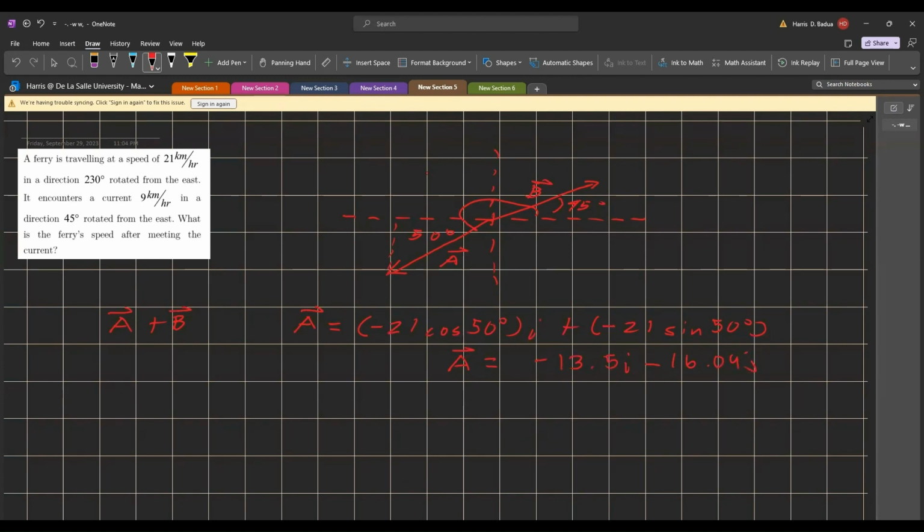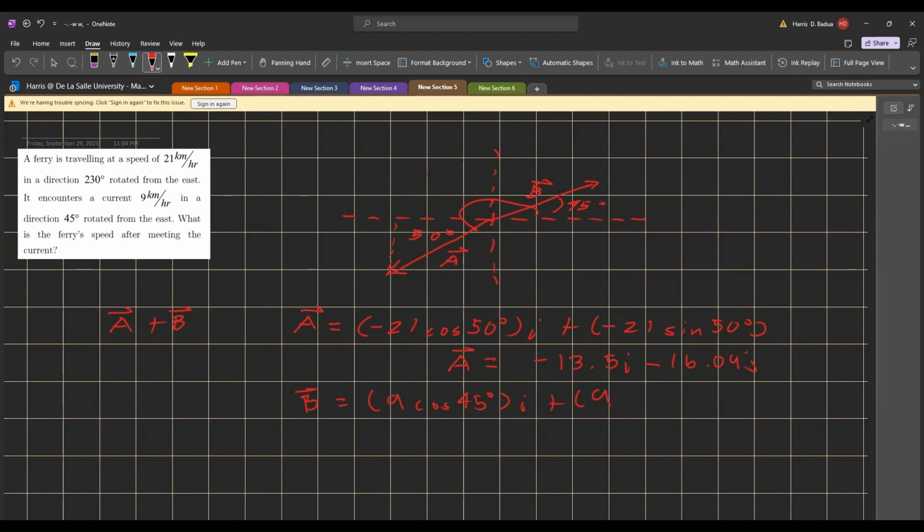j. For vector B, same principle, but this one is positive since it is going to the right. So its speed is 9. The 45 degrees is still adjacent to the x-axis, so that's cosine 45. This is for i. And the same going upward, so that's positive.